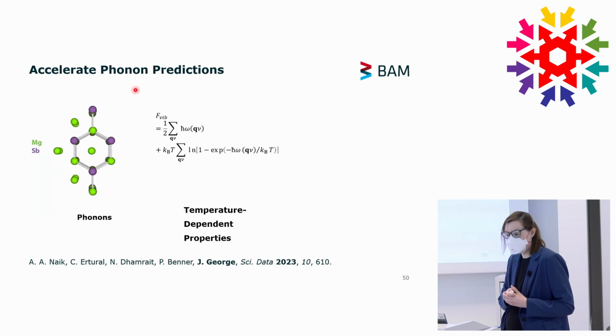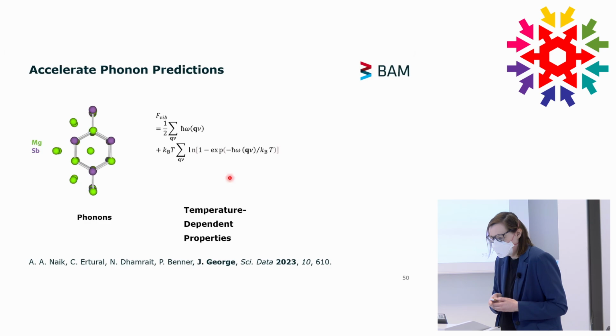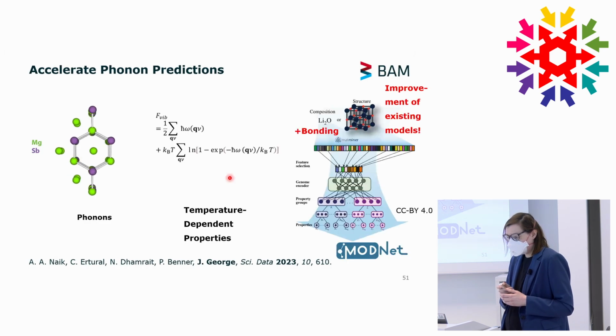With this data, we're now able to learn other properties, because before this database, we didn't have the option to test this out. And here we are learning phonons. Phonons are relevant, for example, for the thermal conductivity, but of course also for temperature-dependent properties. I think that's obvious.